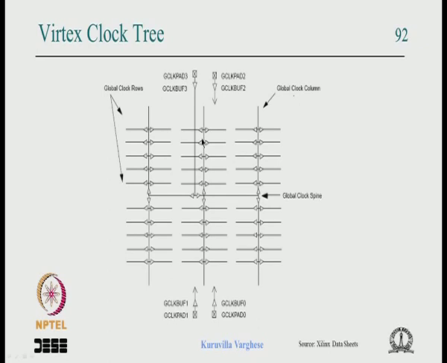This is about the Virtex clock tree, but in recent FPGAs there could be clock trees each handling one part of the FPGA, because the FPGA fabric is quite big and may not be clocked by a single clock. In such complex FPGAs there could be multiple clock domains.